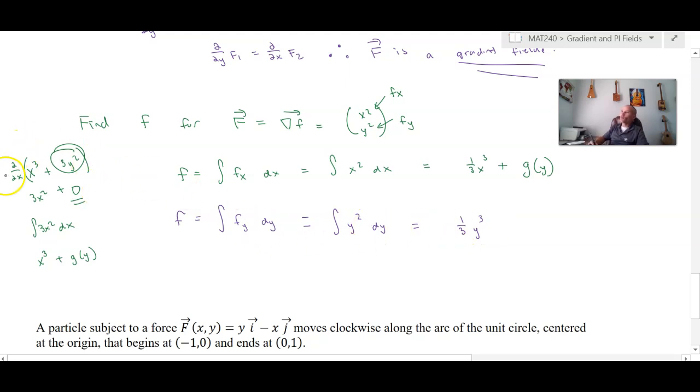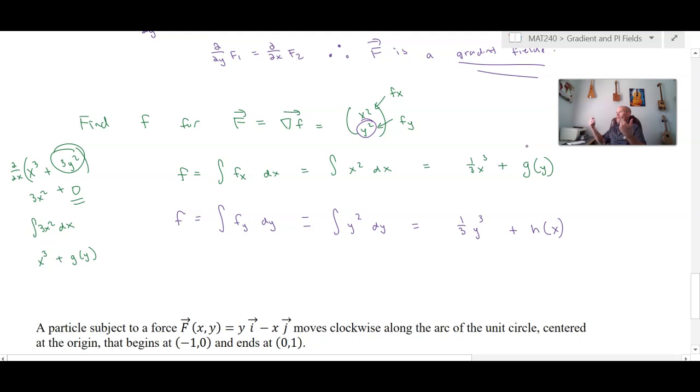And like when we took a derivative with respect to x, when we take a derivative with respect to y to get y squared, any function of x may have been differentiated to produce 0. In other words, if you take the derivative of 1/3 y cubed plus h of x with respect to y, it doesn't matter what this h of x is, its derivative will be 0. If you take the derivative of 1/3 x cubed plus g of y with respect to x, it doesn't matter what this g of y is or was, its derivative is 0.